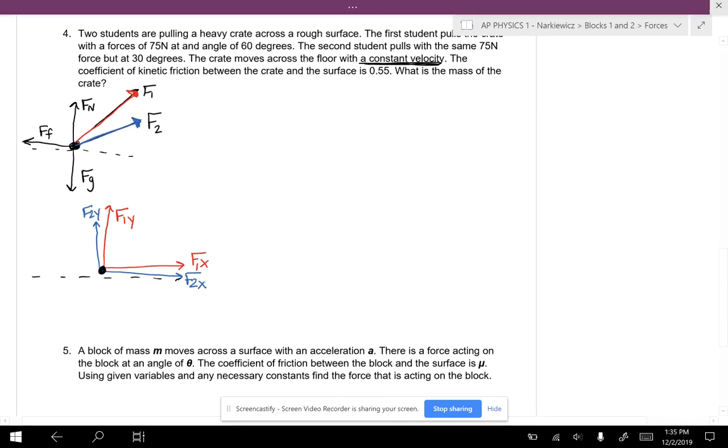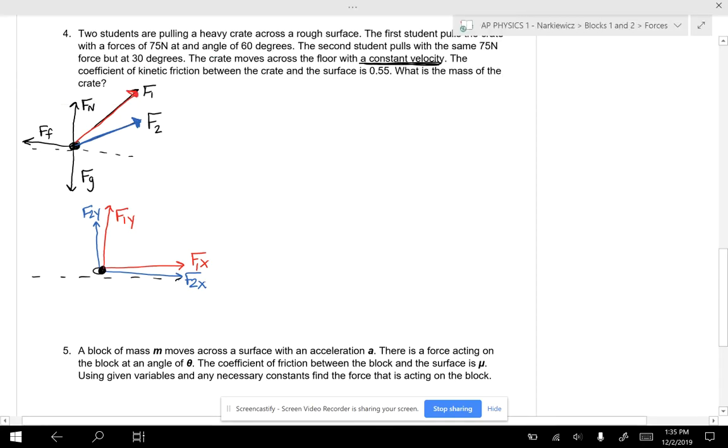And then on top of those four forces, we're going to have a normal force, the force of gravity, and the force of friction. So everything needs to be on one free body diagram since all of the forces are acting at once.